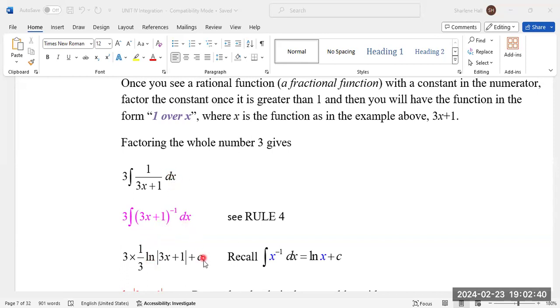It's an indefinite integral, so I must have my plus c. But what I also have to do, as Shamari asks, is differentiate what is inside the parentheses and then reciprocate it.